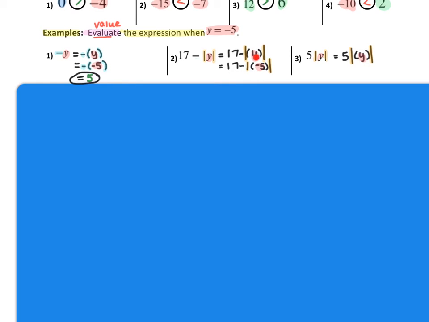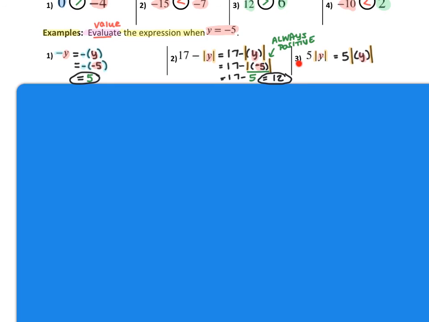So when we plug in -5 in the place of y, we have 17 minus the absolute value of -5. Remember, the absolute value of any number is always going to be positive. So now we have 17 minus 5, which is 12. So the answer to example 2 is 12.